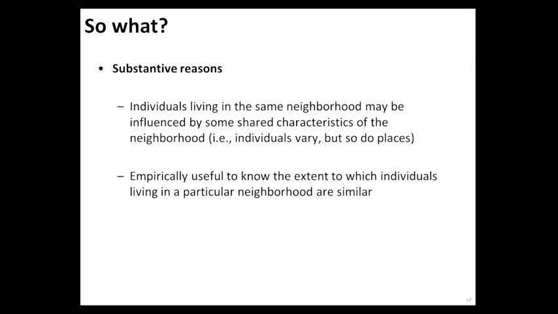So what if there's correlated data? Well, there's a substantive reason why we should care about it. Number one, individuals living in the same neighborhood may be influenced by some shared characteristics of the neighborhood, right? So this notion of shared exposure. If that sharing is what induces correlation, the reason two individuals have similar outcomes is because they're both exposed to the same exposure.